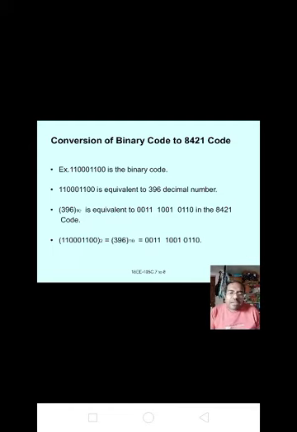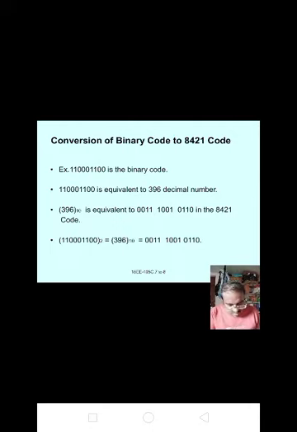We can add zeros before 1 to get 4 bits. Now we write the decimal equivalent in 8421 code for each group. Here 1001 means 9, 1100 and so on. The answer is 319 base 8421.